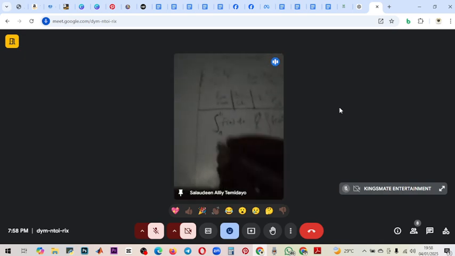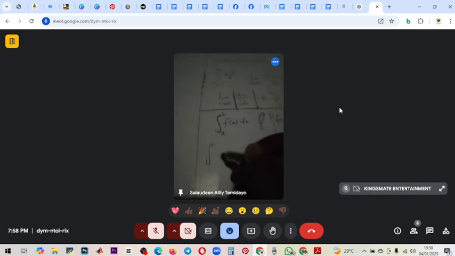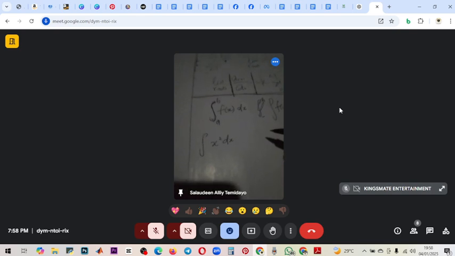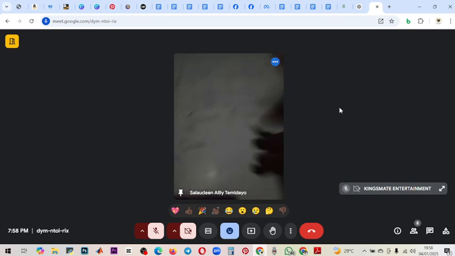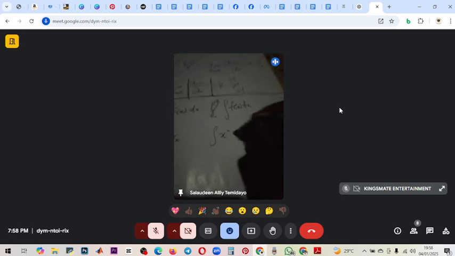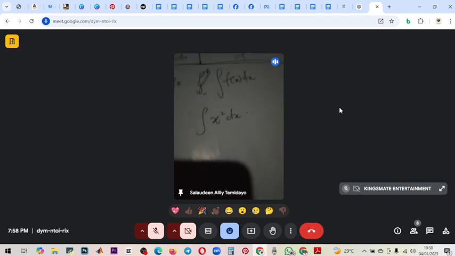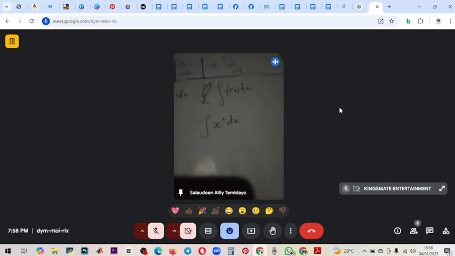How can we solve something like this? This is my integral of x squared dx with the boundary from 1 to 2. And this is the ordinary integral of x squared dx without boundary. What is the difference between the both of them?